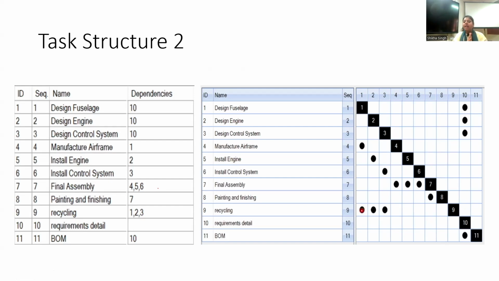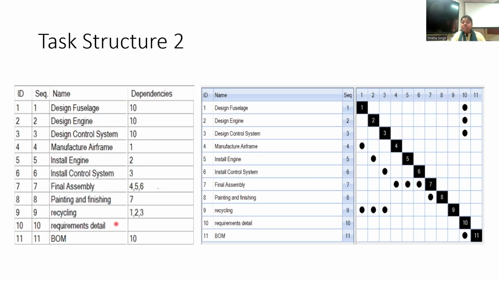So now it is very clear that task ID 1, that is design fuselage, is dependent on the 10th task or 10th ID, which is requirements detail, right? It is very clearly mentioned. So we know in advance that these are the dependencies.